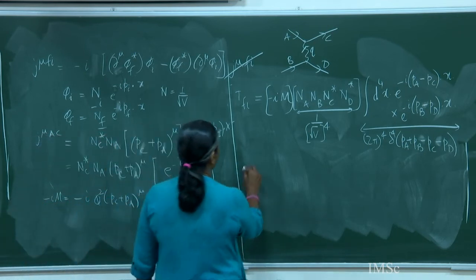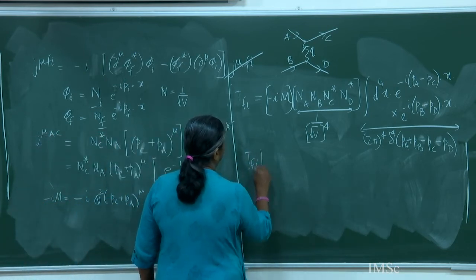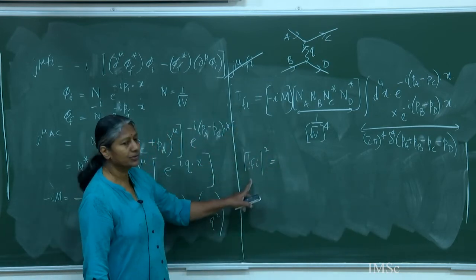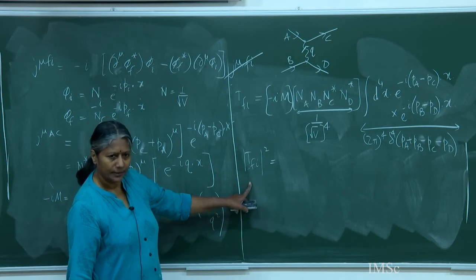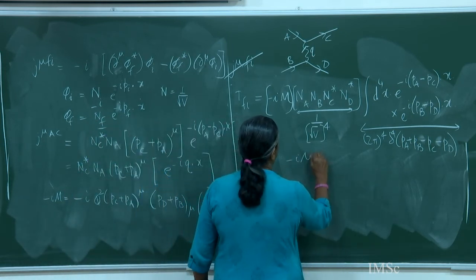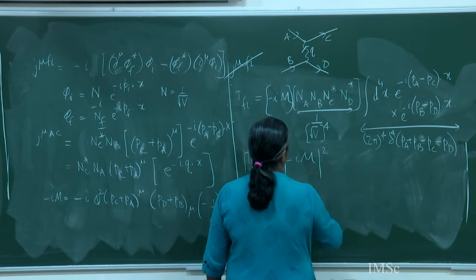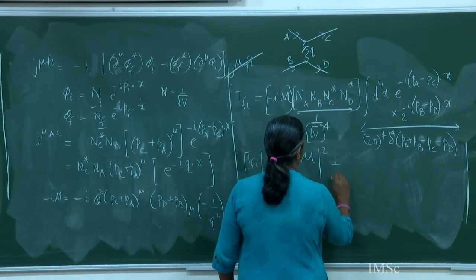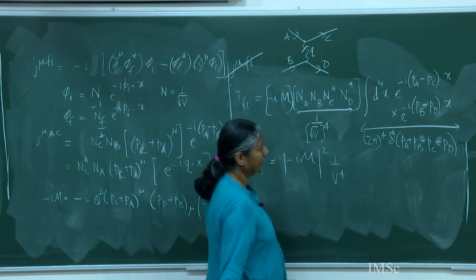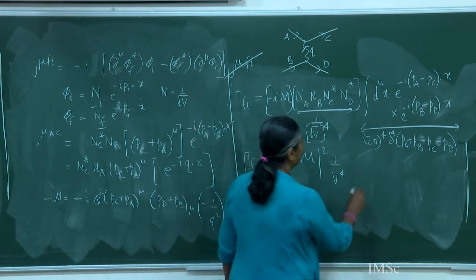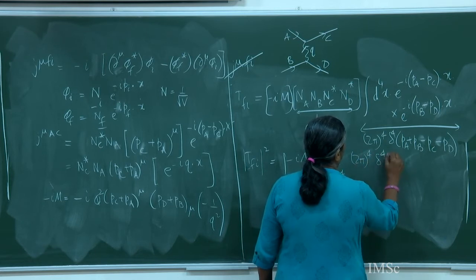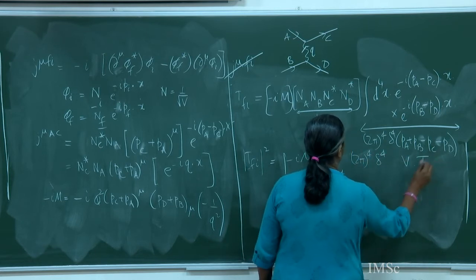And I am going to now write TFI squared. What is TFI squared? From the probability amplitude, if I square it, I get the probability of this interaction happening. So minus iM mod squared 1 by V power 4, and then you remember how I squared the delta function, right? I squared the delta function by writing, and I got volume into time.